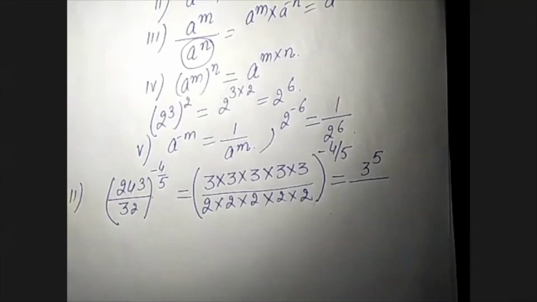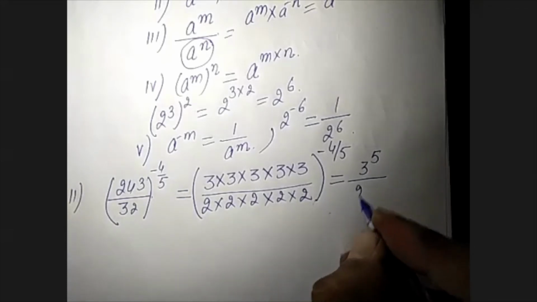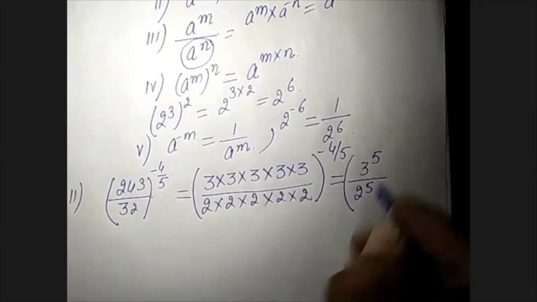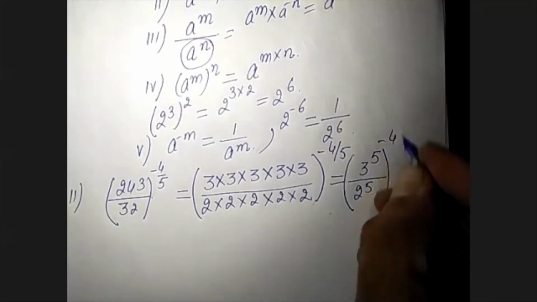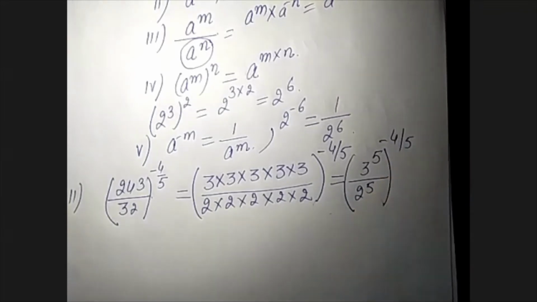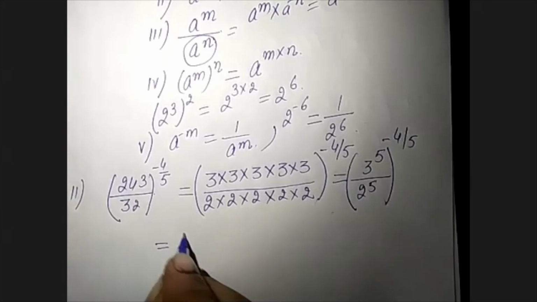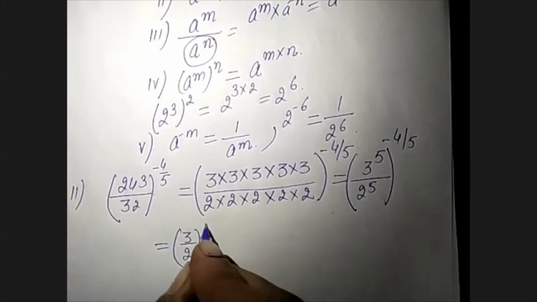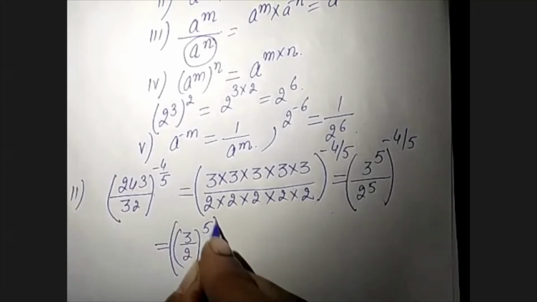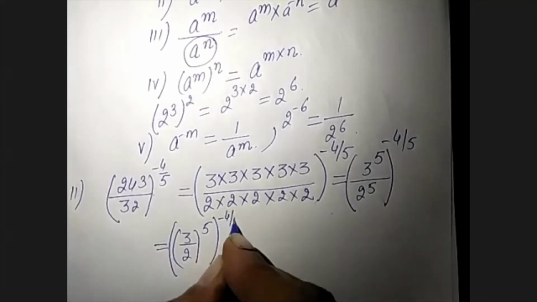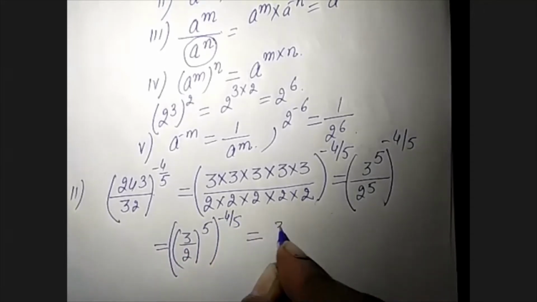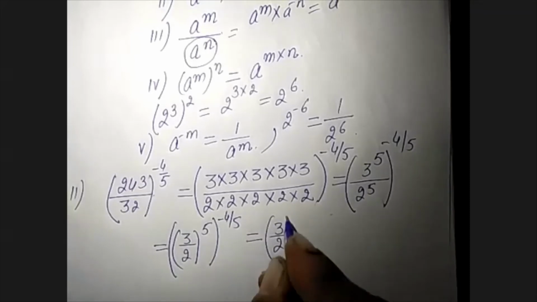We have found that 3 is multiplied 5 times and 2 is multiplied 5 times. So we can write like this. Do not be in a hurry to solve this question, because one mistake can spoil your entire effort. So we go one by one.